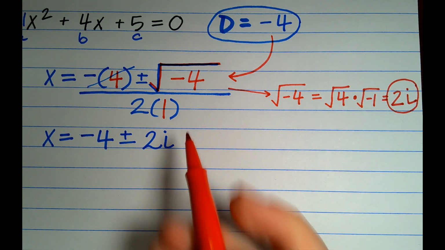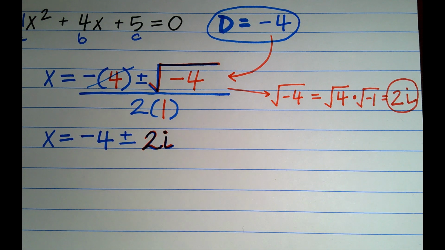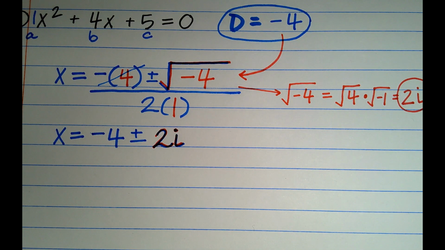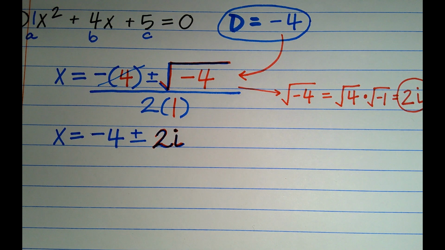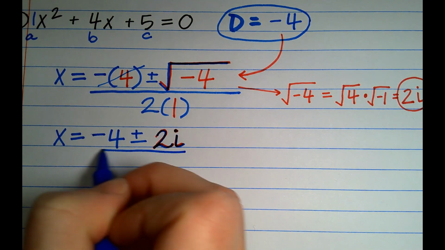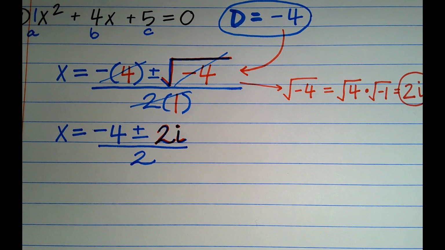So that's how we got the 2i, just like we did before. Okay, now what am I missing? All divided by 2. Perfect.